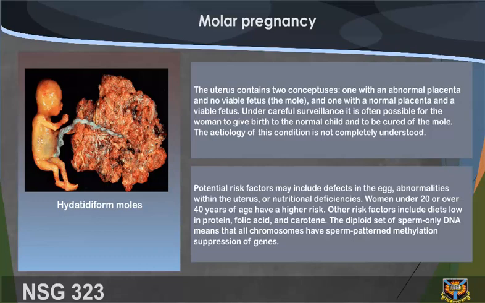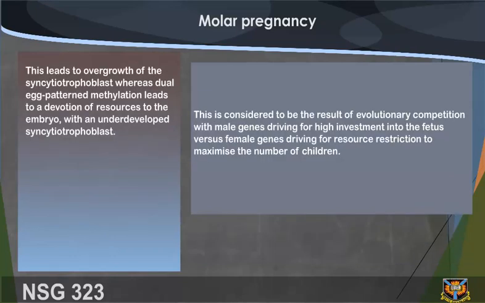The diploid set of sperm-only DNA means that all chromosomes have sperm-patterned methylation suppression of genes. This leads to overgrowth of the syncytiotrophoblasts, whereas dual egg-patterned methylation leads to a devotion of resources to the embryo with underdeveloped syncytiotrophoblasts.